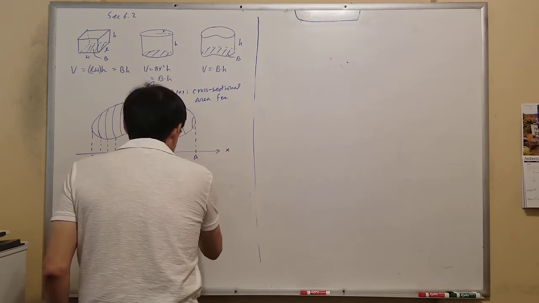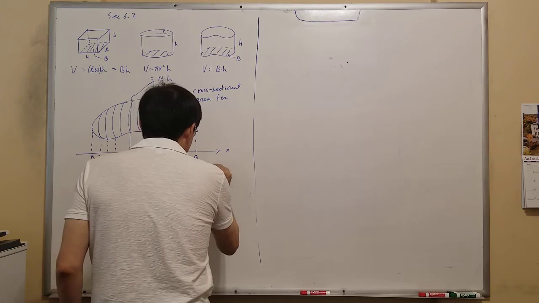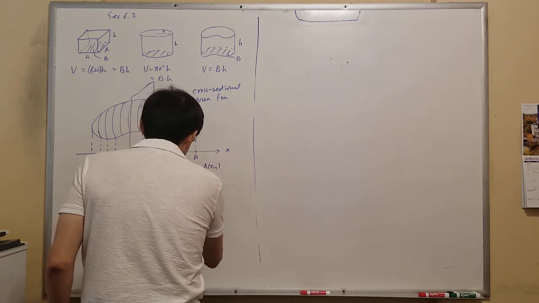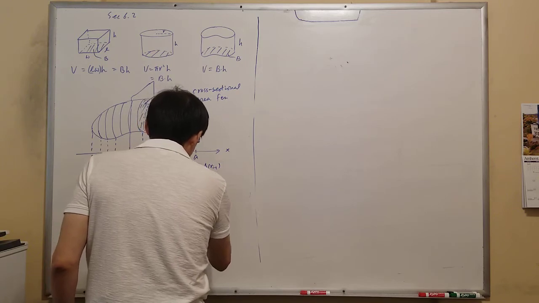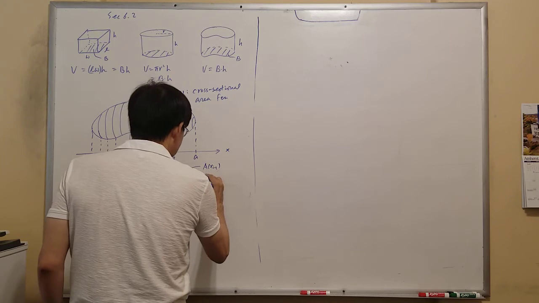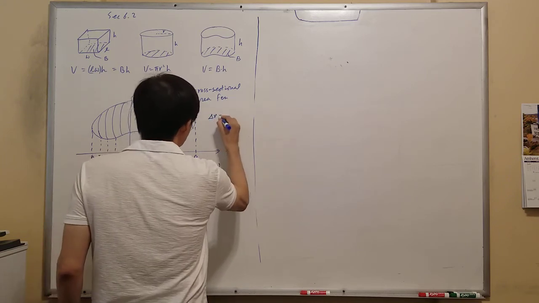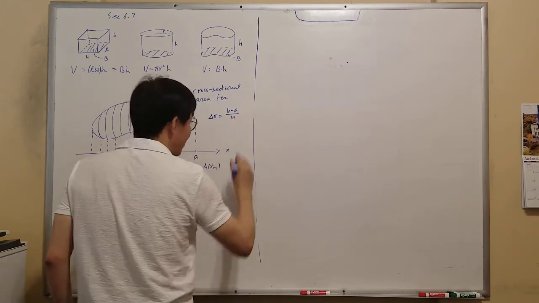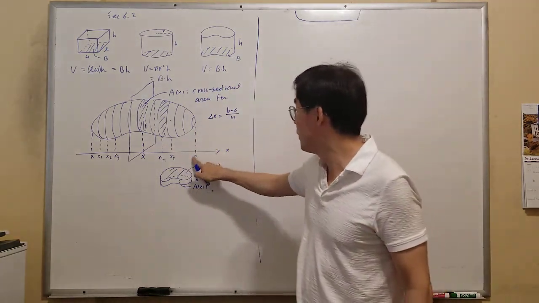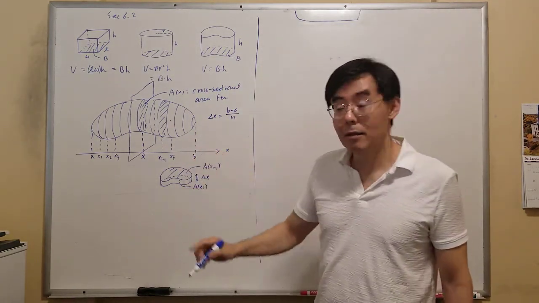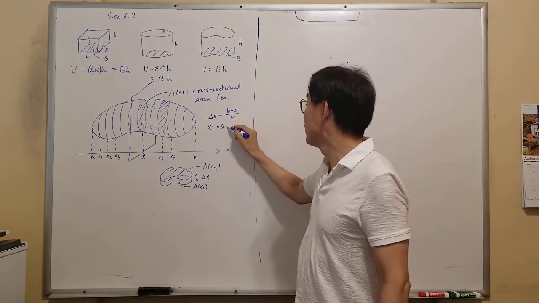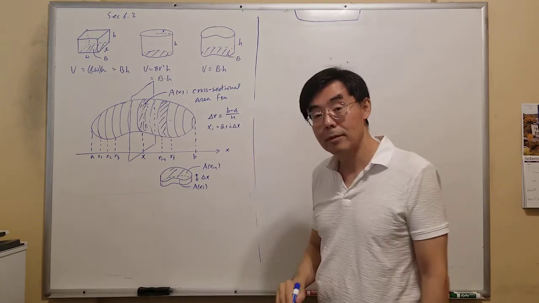the top area is A of x sub i minus 1. Your bottom area is A of x sub i. And your height is delta x. Our delta x is the usual, b minus a divided by n. We're dividing the entire interval from a to b by n. Now this x sub i is a plus i delta x.